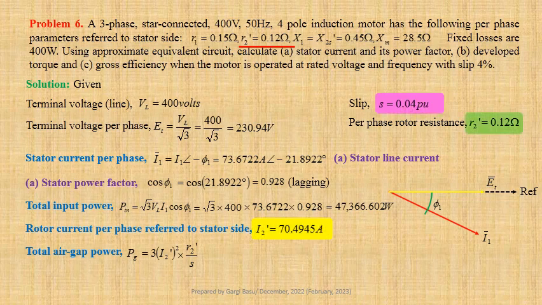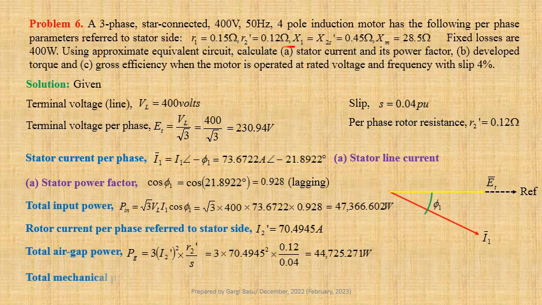Therefore, Pg equals 3 into 70.4945 square into 0.12 by 0.04. That gives us 44,725.271 watt.